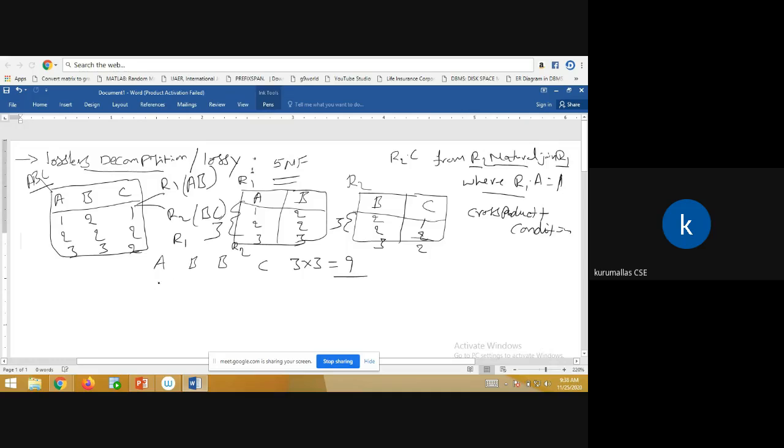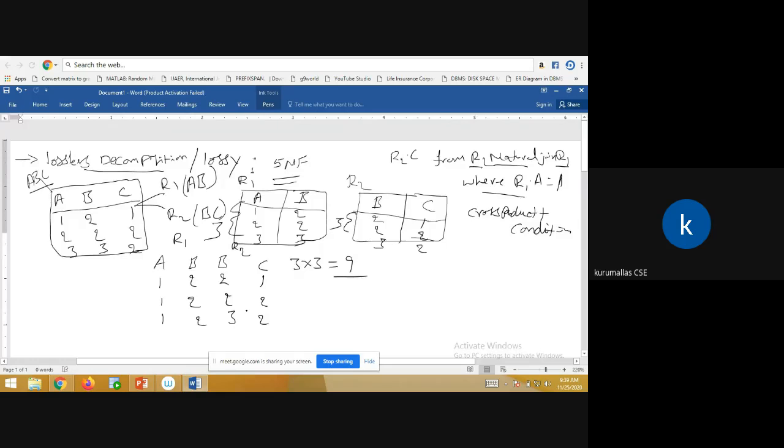The first row 1 2 is combined with the second table: 2 1, 2 2, and 3 2.